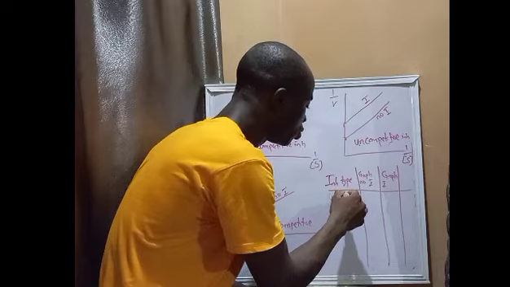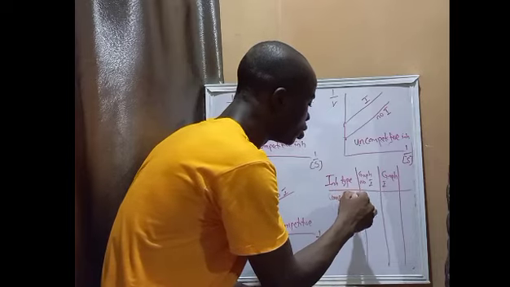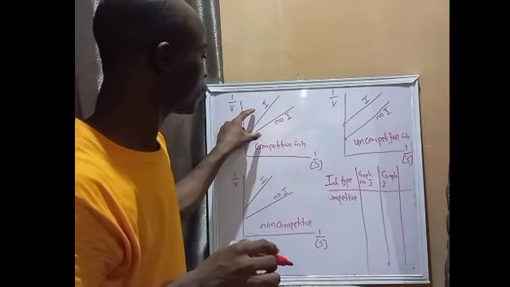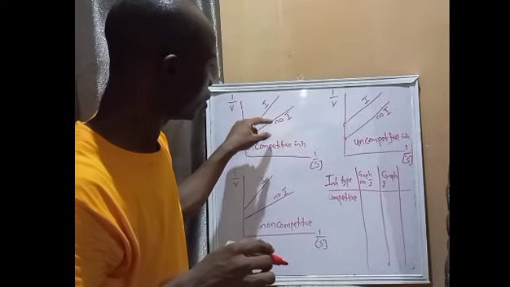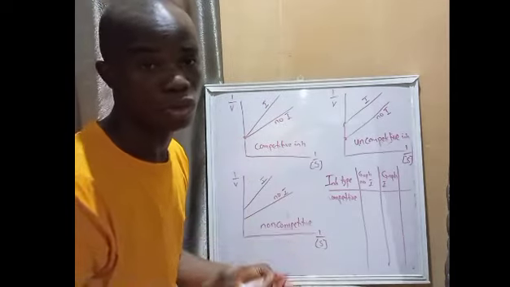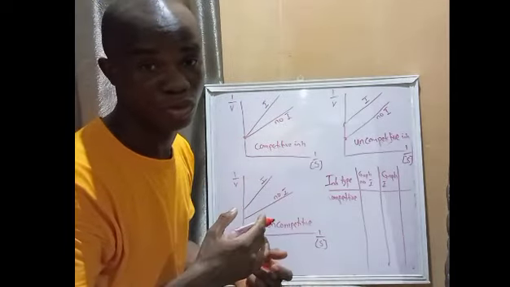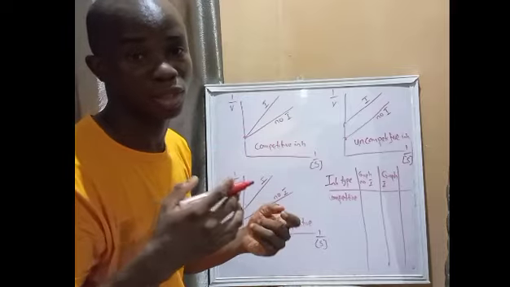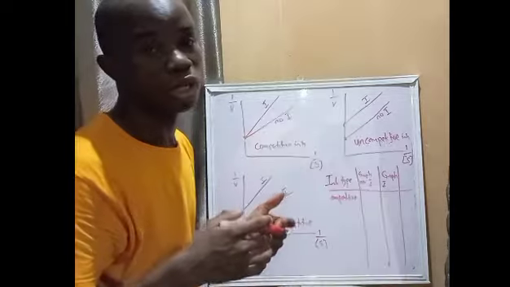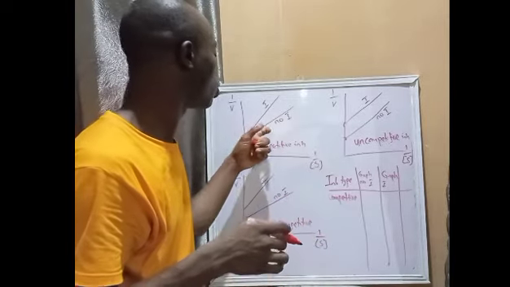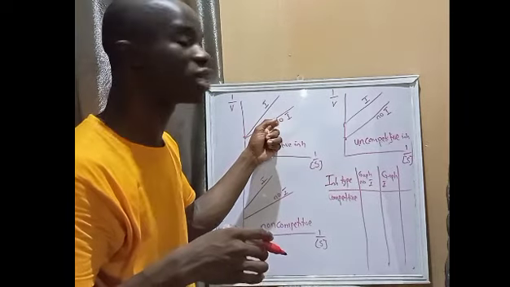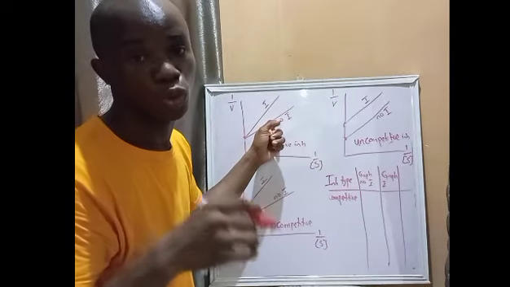For competitive inhibition, the Vmax, from the previous video you can check how to get the Vmax and the Km for underlying reversible plots. So you can get the Km and the Vmax for this line graph that has no inhibition.